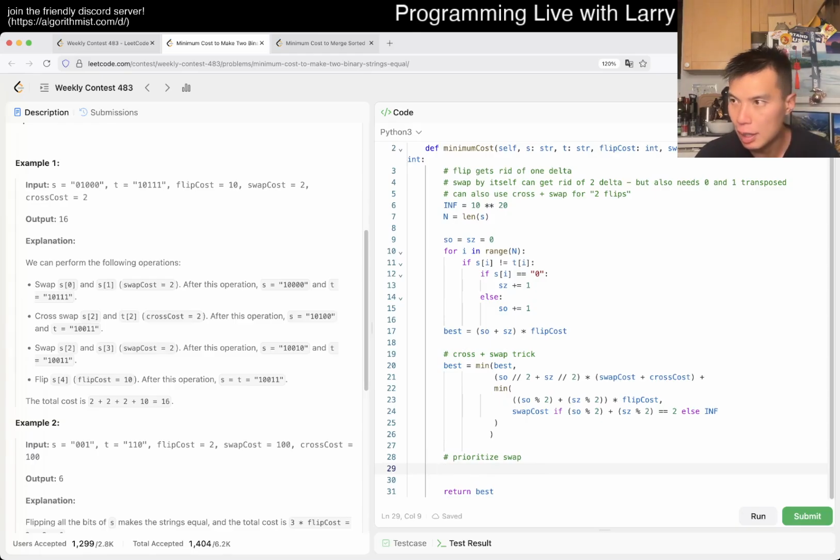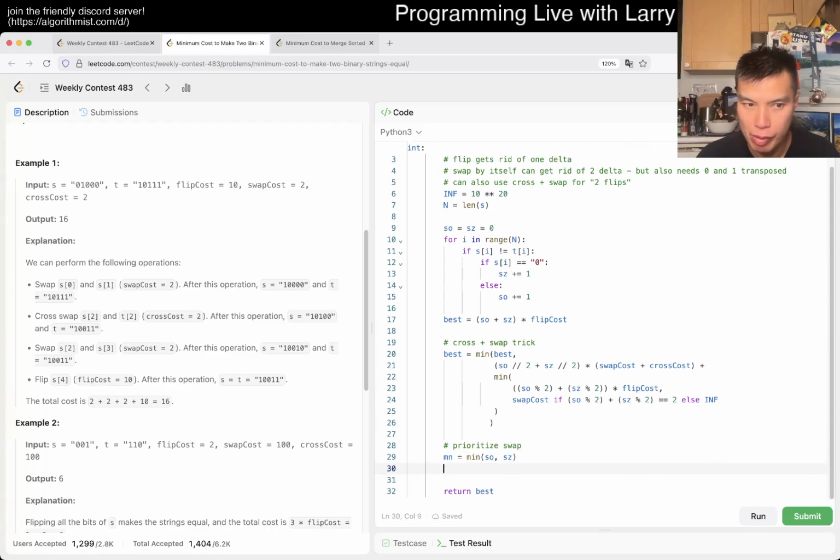Okay, so that means that let's just say min is equal to min of S0, S1, right? So then now we do swaps to this swap cost, right? And then leftover.